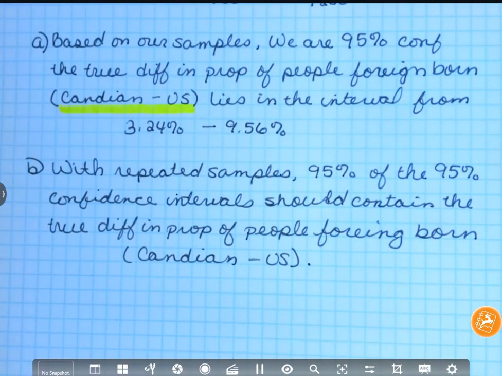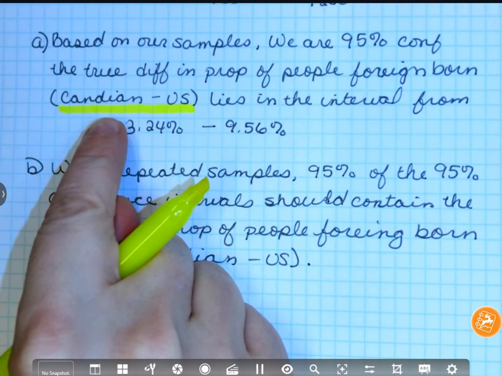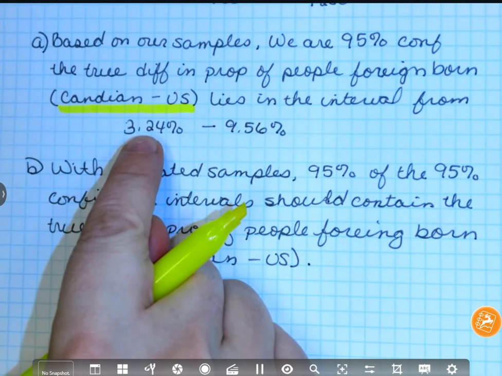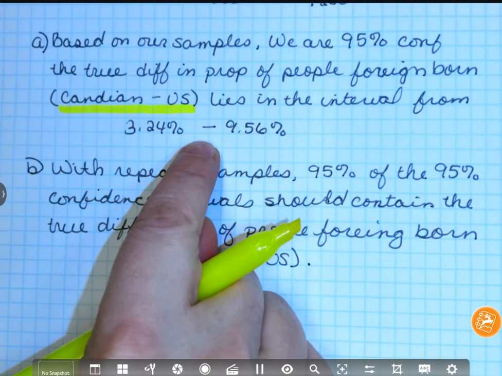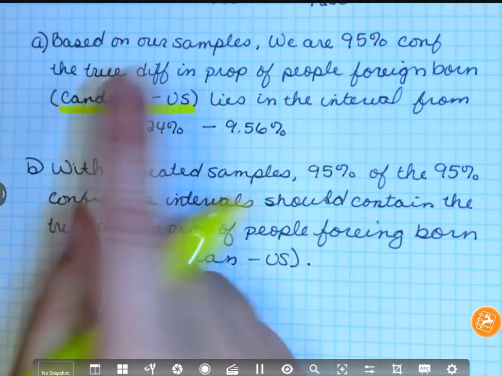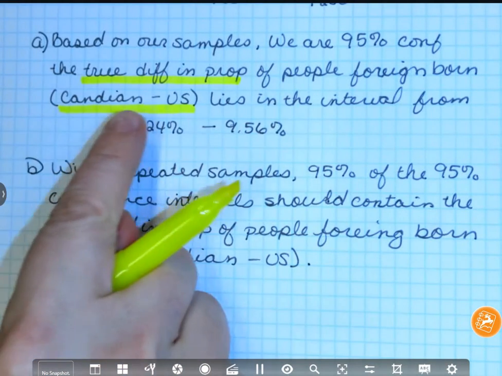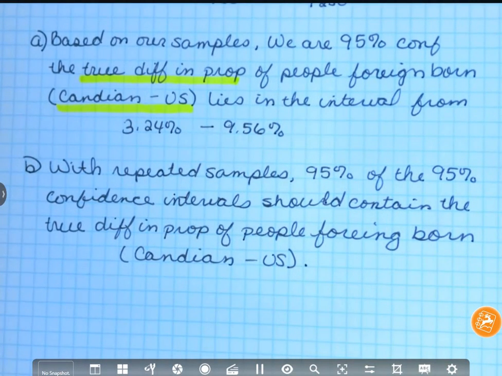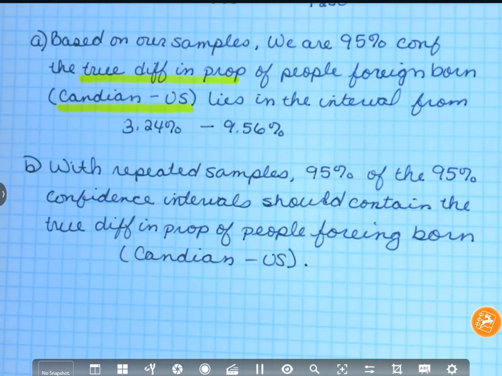That is hugely important because if I did US minus Canada, it would have been negative 9.56 to negative 3.24. So that order there is hugely important. So what we're looking at here is the true difference in proportions and then identifying which direction I did that subtraction. Okay? Lies in the interval from to.